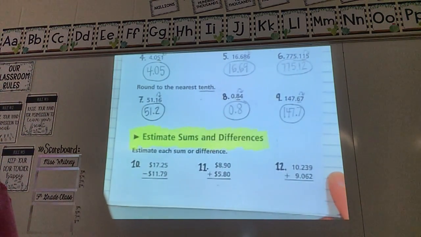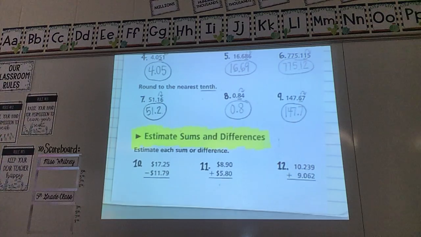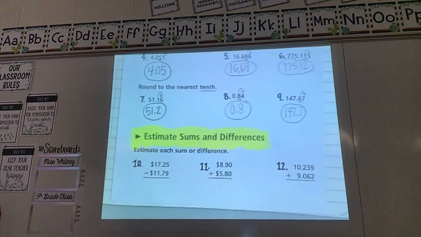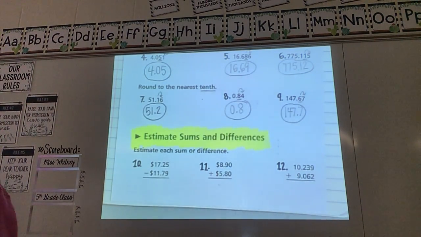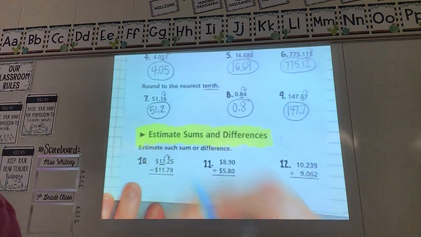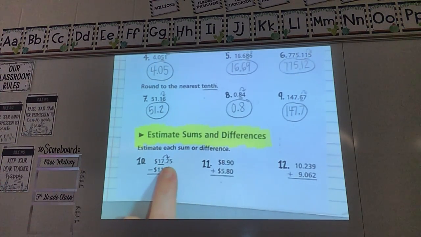Here we are estimating. Estimate, remember, just means to round. Okay, we're just rounding these numbers, and then we'll do whatever they want us to do with them. So starting with number 10, anytime that we estimate decimals, we always round them to the whole number. And that's how we did it at the very beginning. So I'm going to underline the dollars part and look behind to see what my dollars are going to do. $17.25.